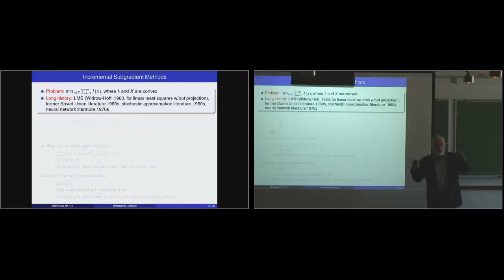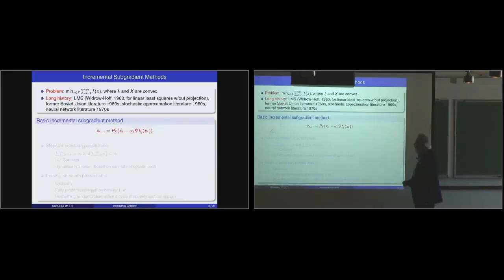The so-called backpropagation method for neural network training is an incremental gradient method. Of course, the problem there is non-convex, but nonetheless, the ideas are very similar. Neural networks were very hot in the 70s. Then the interest subsided, sort of reached some kind of a steady state. But now there's an extreme interest in them again through the focus on deep neural networks and what they can do in a number of application settings.